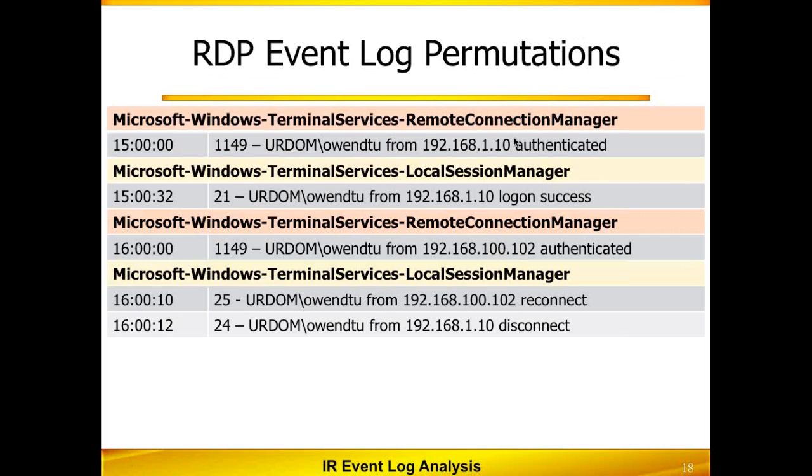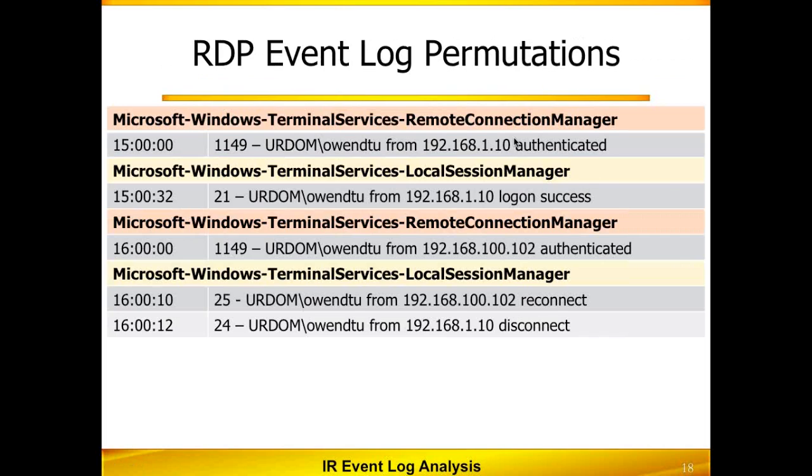So you'll see the 25 and the 24 events. So 25 is user reconnecting. Now, in this case, they're reconnecting from a different IP address, which means there's a 24 event that happens showing their original session from, in this case, 192.168.1.10 being disconnected to make way for the reconnection from the new IP address.